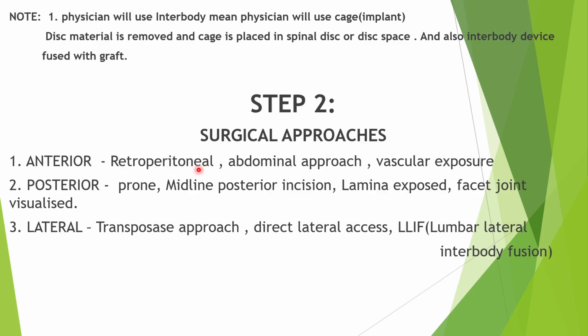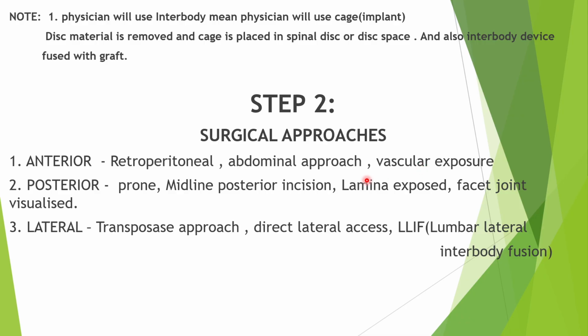These were the key points. And how is this anterior approach done? An incision is made, and in the OP report it's written like the incision is made from the front of the neck or front of the abdomen, and the surgeon will gently move the organs or blood vessels aside to reach the spine.